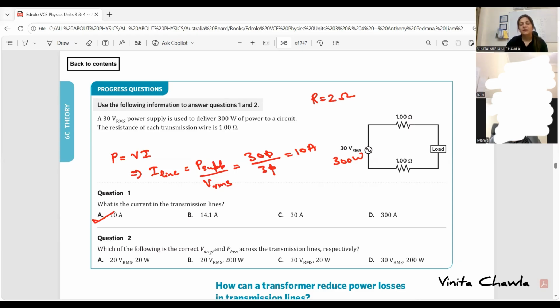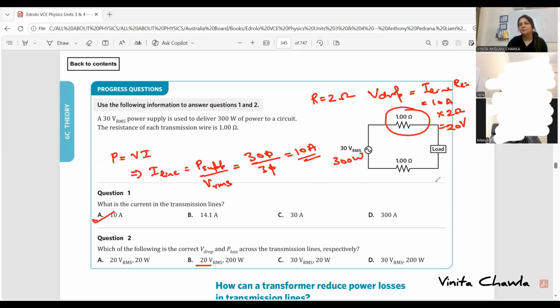Which of the following is the correct voltage drop and power loss? See, for voltage drop, V drop we have to find out. So V drop is I line into R line. I line is 10 ampere and resistance of the transmission line is 2 ohm. So voltage drop is 20 volt. 20 V RMS is the voltage drop.